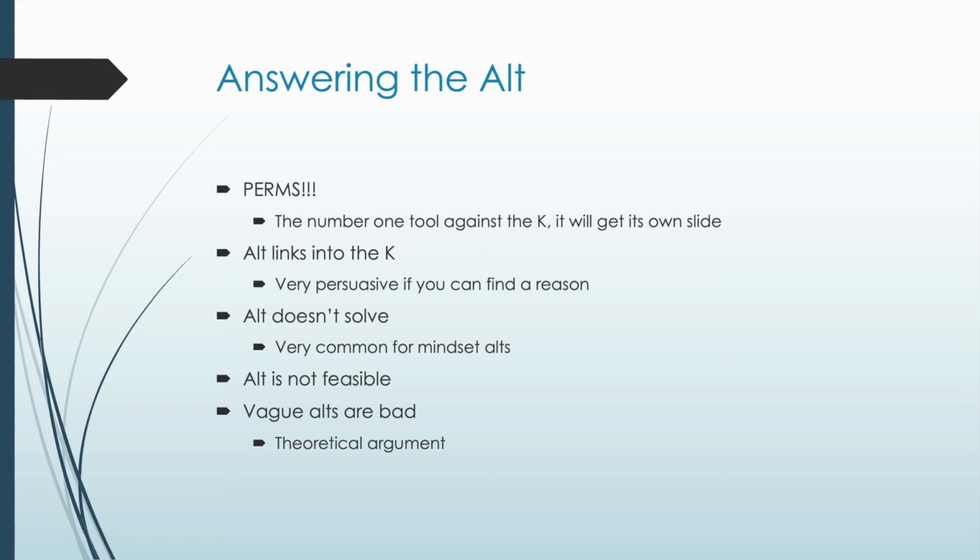There's all sorts of scenarios in which vague alts can be unfair or uneducational, so if you can make a theoretical argument for why vague alts are bad, that's another good way to outlayer.